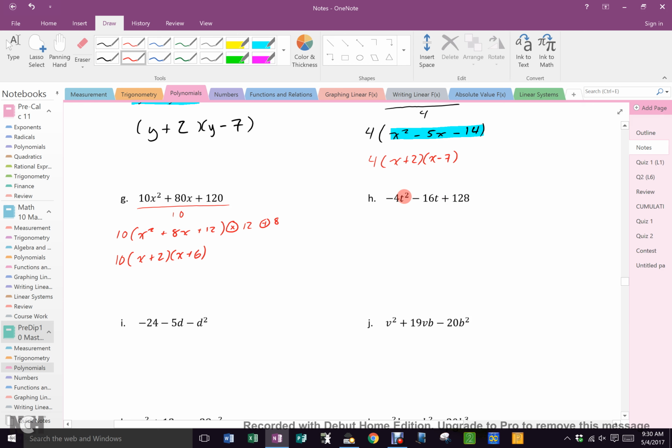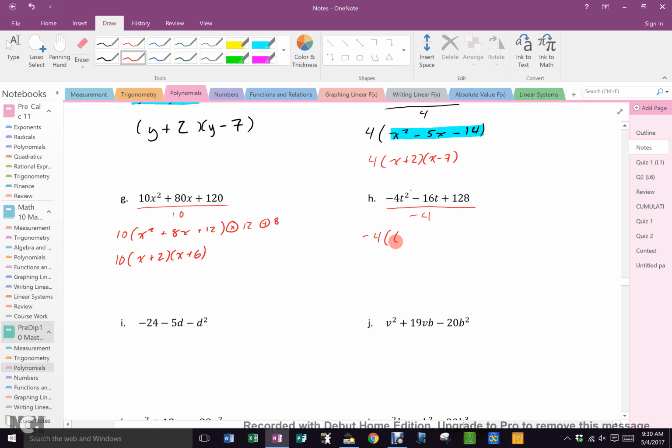I only know how to factor when that t squared is by itself, correct? So what do I want to get rid of here? The negative 4. So even though negative 4 is not the greatest common factor, what's the greatest common factor here? Positive 4, isn't it? But because I still want to get rid of that negative, I'm going to divide everything by negative 4.